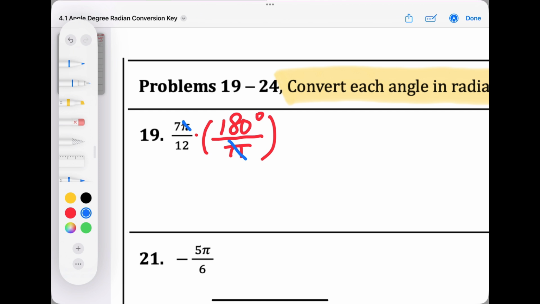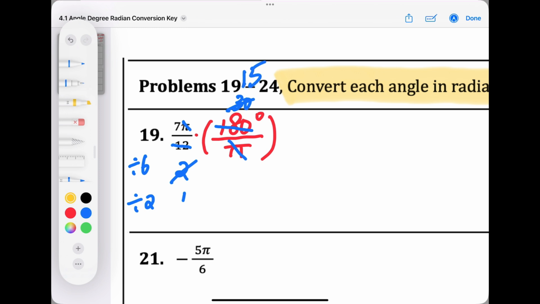What else you can say? Well, 12 and 180, everybody can divide by 6. So 12 divided by 6 is 2, and 180 divided by 6 will be 30. Very good. And 2 and 30 can also divide by 2. So 2 divided by 2 is 1, and 30 divided by 2 is 15.